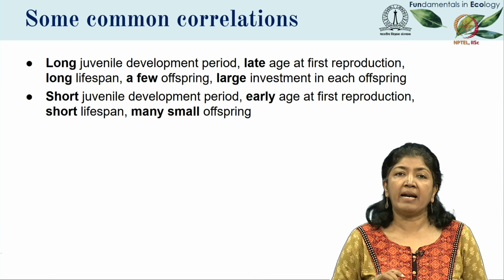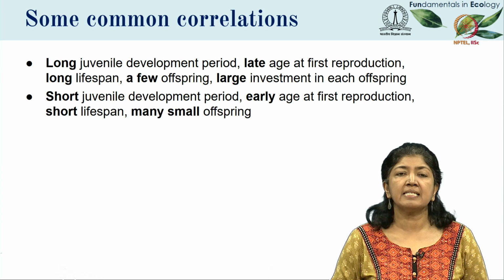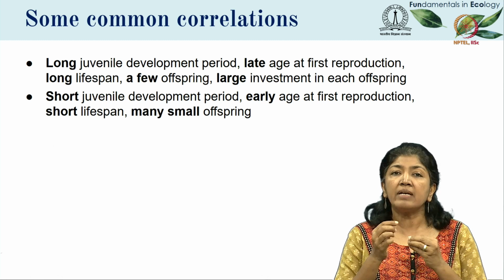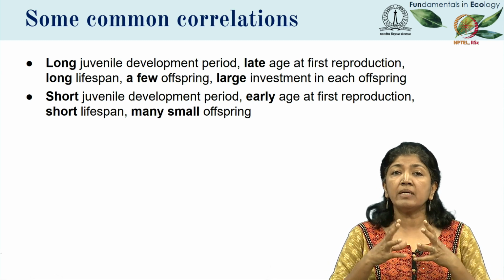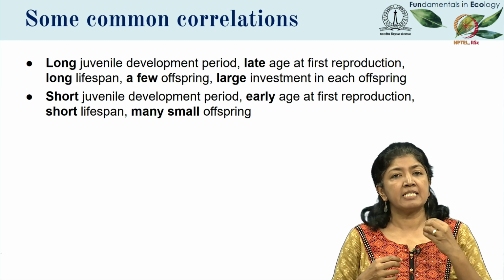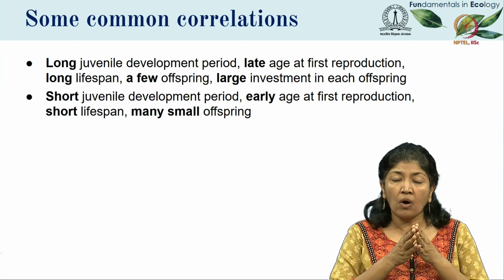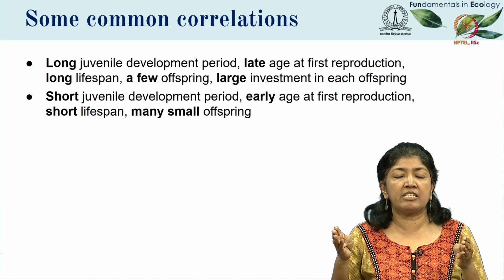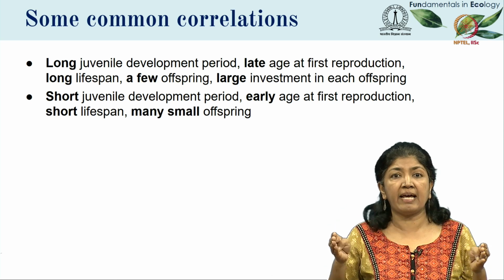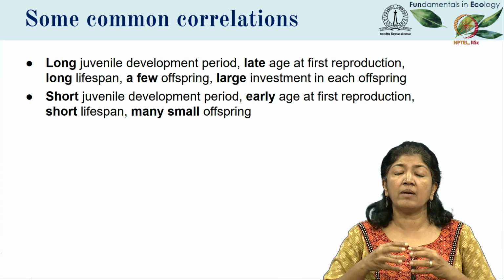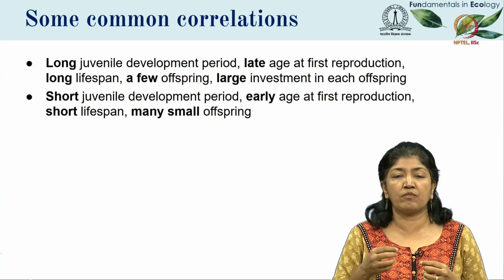One final pattern to realize is that many of these traits are correlated. So, we see common combinations of traits. So, for example, in some species you see long development periods, a late age at first reproduction, a long lifespan, only a few offspring being produced and with a lot of investment in each offspring.